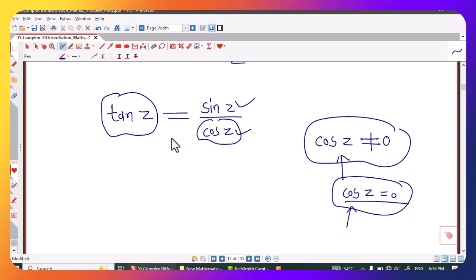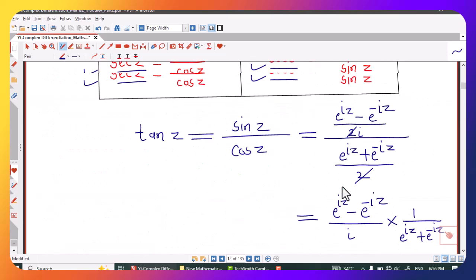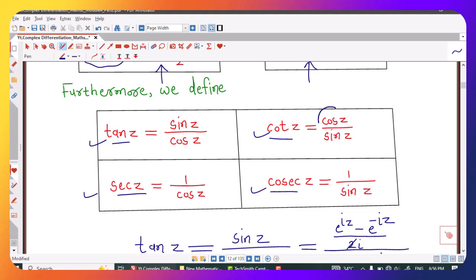But if they ask you to write down the points at which tan z is analytic, then you can write that sin z and cos z are analytic everywhere in the complex plane, and because we have cos z in the denominator, tan z is analytic at all those points at which cos z is non-zero. Same thing for the remaining functions. Here also we can write that cot z is analytic at every point where sin z is different from 0. Sec z is analytic at every point at which cos z is non-zero, and same thing for cosec z.